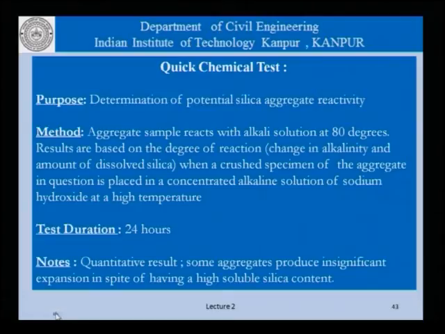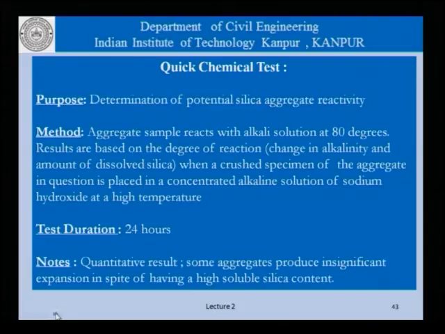As far as the quick chemical test is concerned, the method involves aggregate samples reacting with alkali solutions at an elevated temperature of 80 degrees centigrade, and the evaluation is based on the degree of the reaction, which is measured in terms of the change in alkalinity of the solution and the amount of dissolved silica when a crushed specimen of the aggregate is placed in a concentrated alkaline solution of sodium hydroxide.